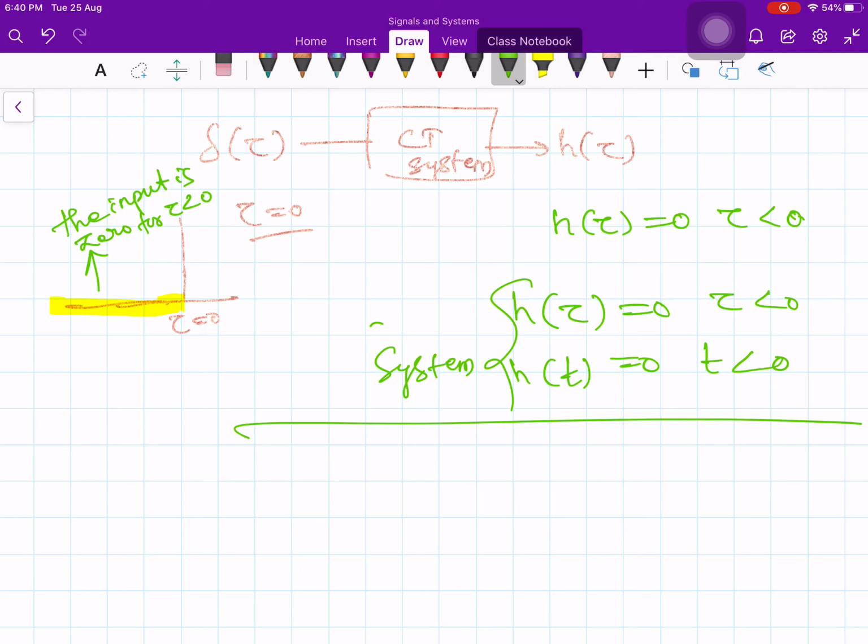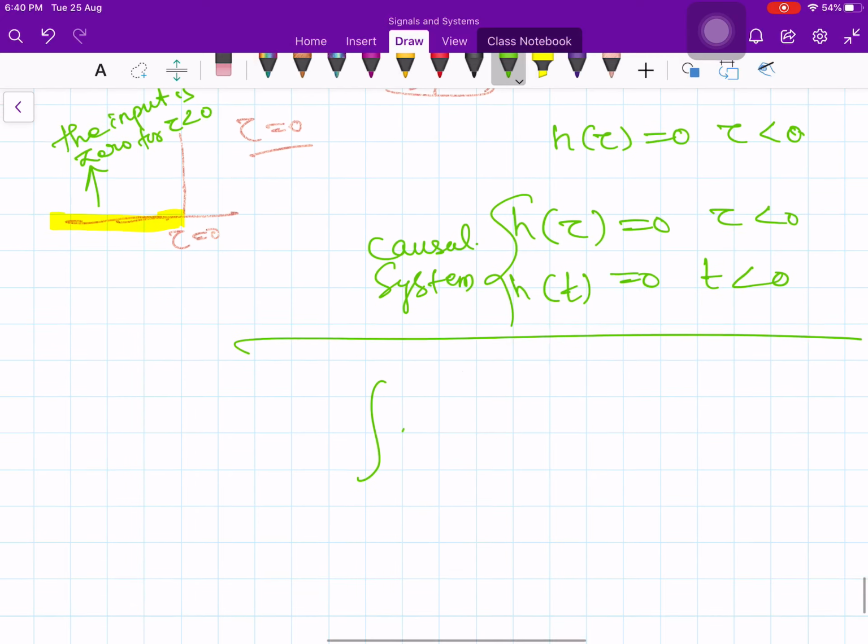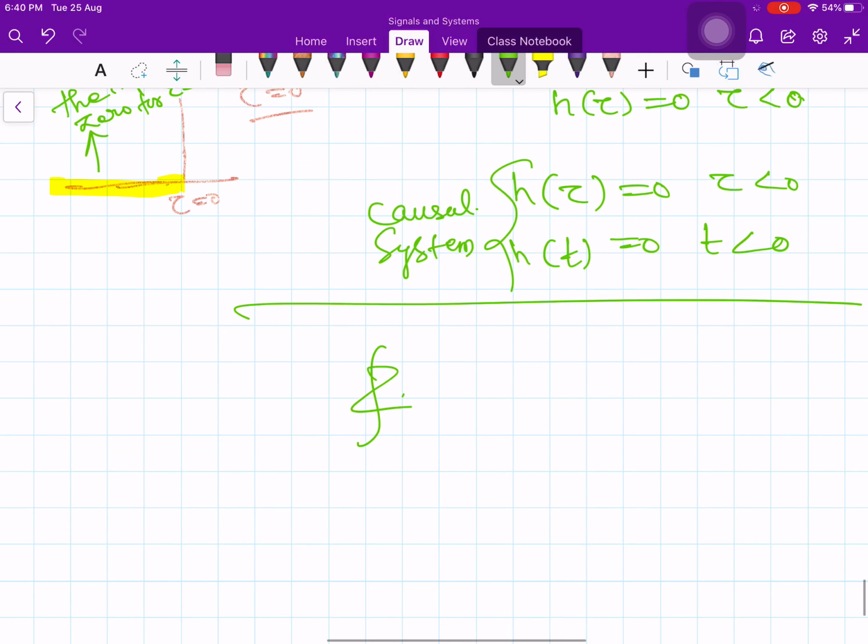Now, look at the integration. I will come to that a little later. Now, let us consider a signal. If the signal is causal, then x of t is equal to 0 for t less than 0.